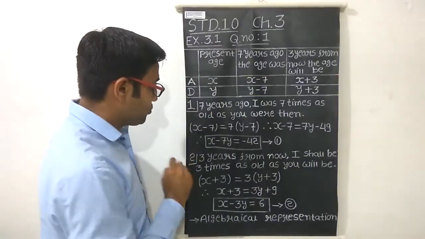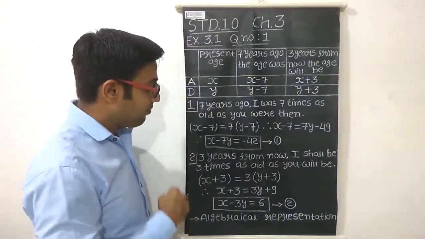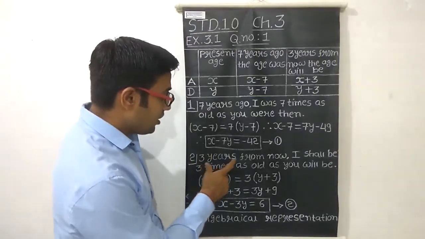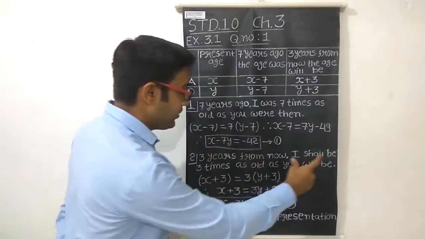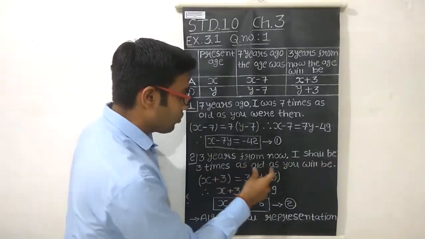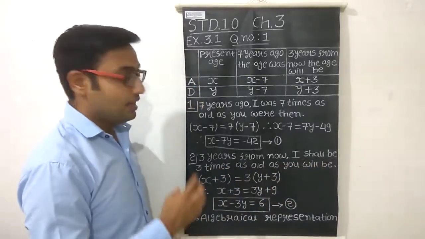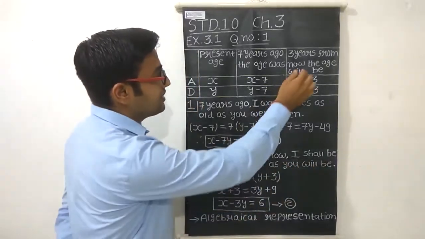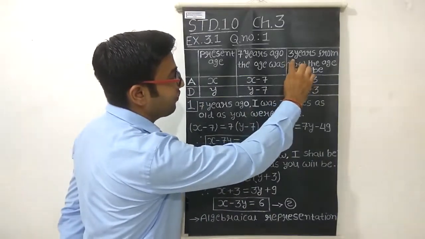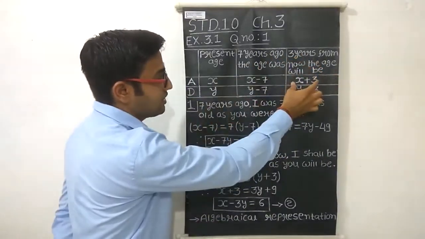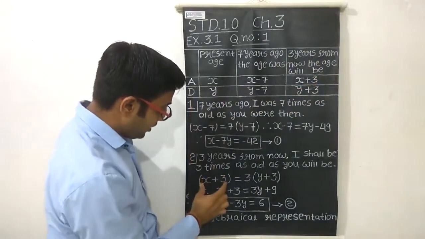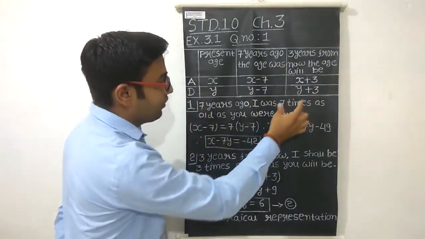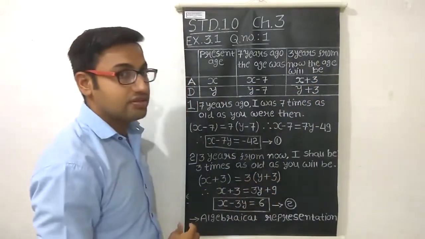Okay, second situation that is given: after tell to his daughter, 3 years from now I shall be 3 times as old as you will be. So now we will consider the ages of 3 years from now. So this is the age of after 3 years, and this is the age of his daughter after 3 years.